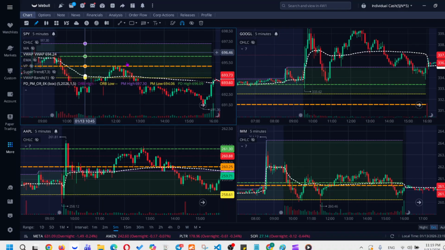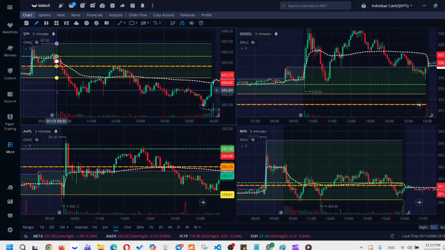Okay, so now coming to the strategy. I mentioned using the previous day close, our orange thick line over here on all the charts. If you see SPY at the open, it comes down, it got rejected over here, and then goes down, and when it comes back up, it rejected exactly where the previous day close was.